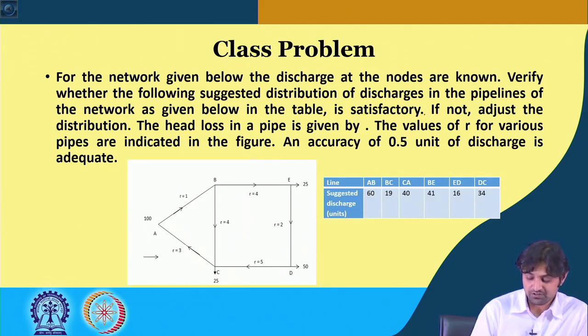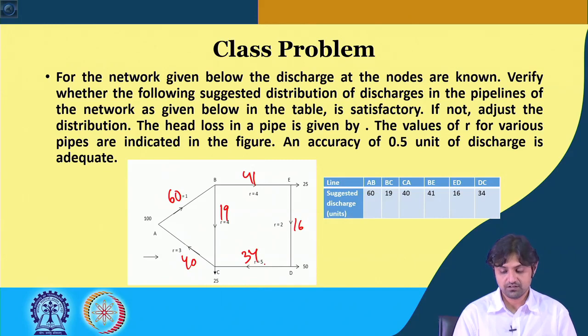So we have been given that AB is 60, BC is 19, CA is 40, alright, BE is 41, ED is 16 and DC is 34. We simply have to check whether this satisfies, all right.